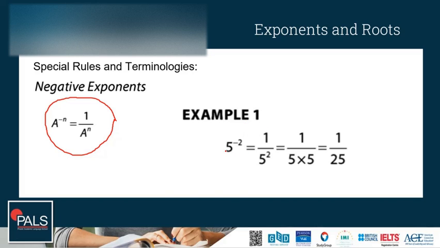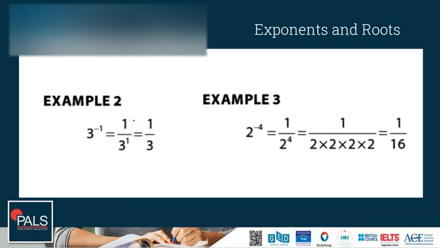5 to the power of negative 2 is equal to 1 over 5 to the second power, or 5 squared, which is equal to 1 over 5 times 5. The answer is 1 over 25. Let's look at another example. Example number 2, 3 to the power of negative 1.